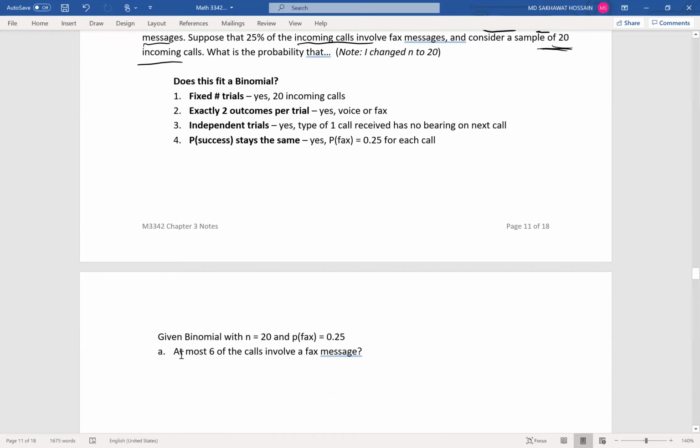Here we will find the probability for fax messages. In part A, we are to find the probability that at most 6 of the calls involve fax messages. So we'll consider fax messages as our success in this case, and the probability is given, which is 25%.